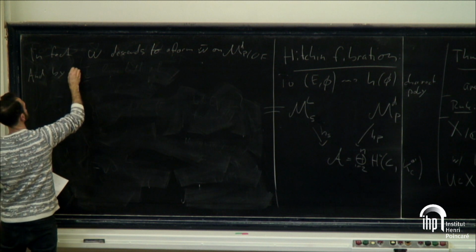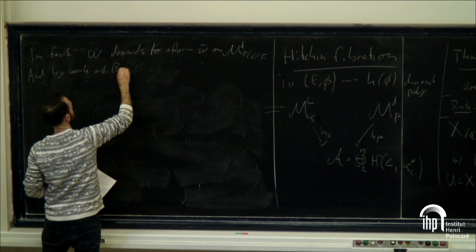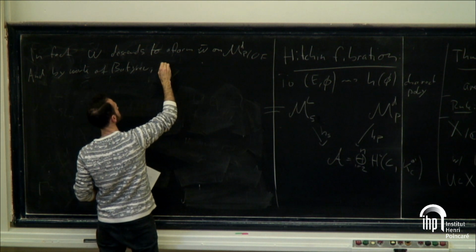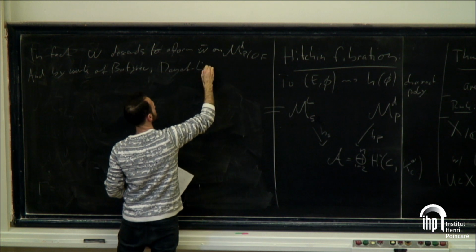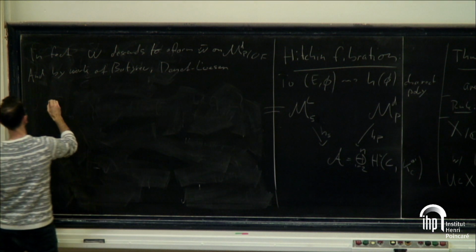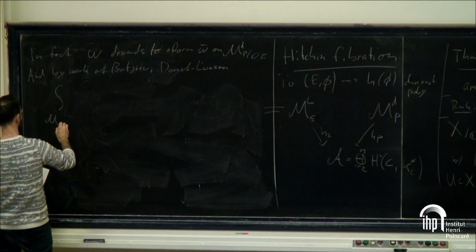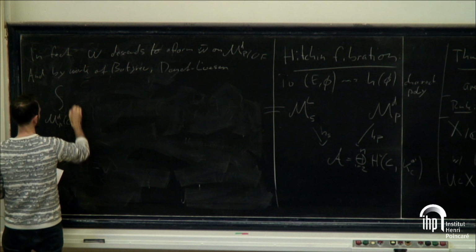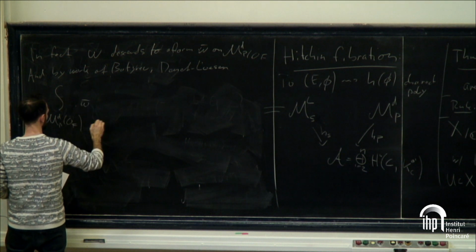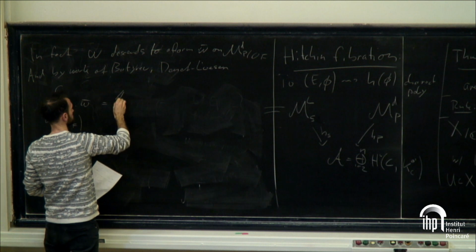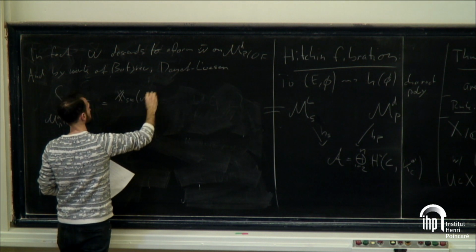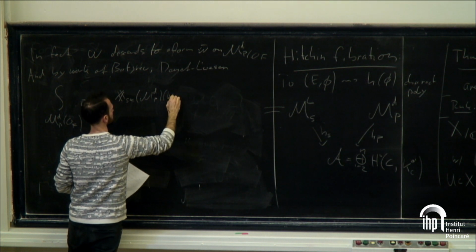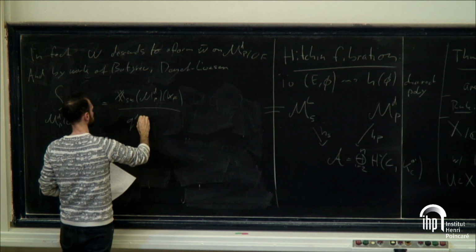And by work of, again, Batyrev in this stringy setting, but really important for us is this work of Denef and Loeser, we can also look at this integral, M d p O of f, omega bar, and it will give you the stringy count of this, K of f, again divided by q to the dimension.